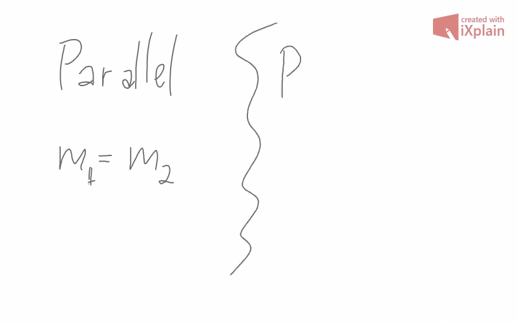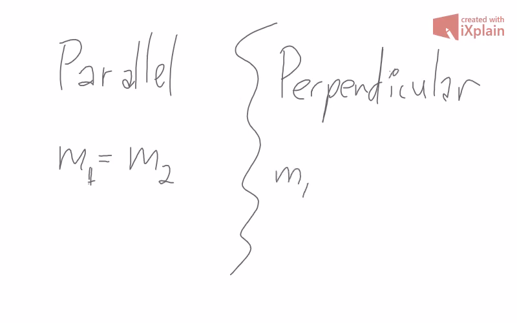For perpendicular, hope I spelled that right. The slope of the first line, you have to find the multiplicative inverse, which means the reciprocal, and to the negative first power is a symbol for reciprocal. And then you have to find the additive inverse.